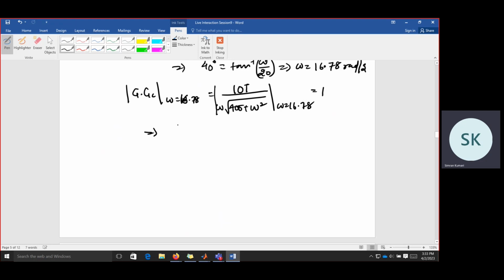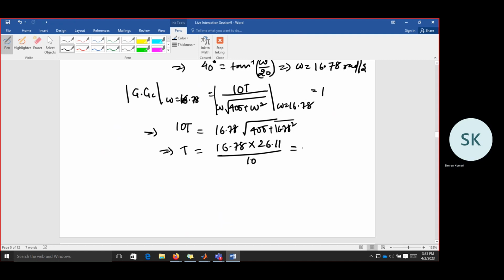So this should give T equal to root of (400 plus 16.78 whole square), which is 26.11, by 10, which is about 16.78 into 26.11 by 10. So this is the gain.